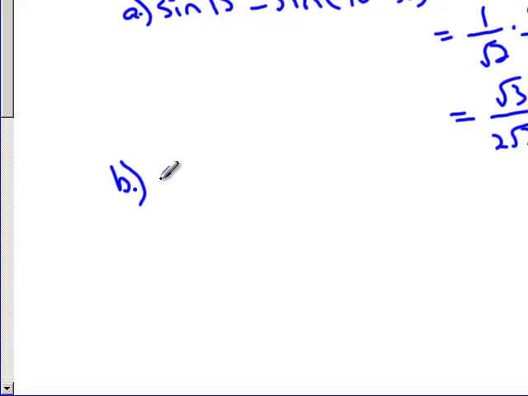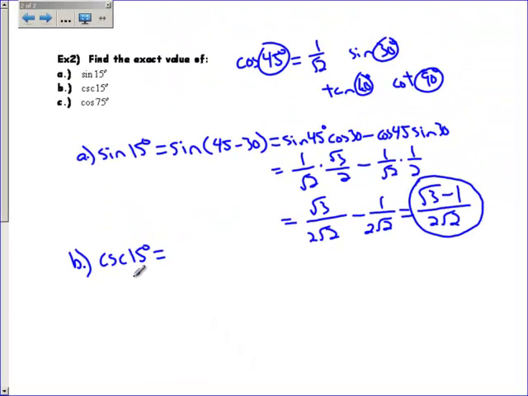All right, let's do B. The cosecant of 15 degrees. Now this is where we are going to use a formula chart to our advantage. I could work this out to be the cosecant of 45 minus 30 and try and throw it in some formula, but since I happen to know that cosecant is the reciprocal of sine, and I've already done the work for the sine of 15 degrees, I just need to do 1 divided by that. 1 divided by all of this.